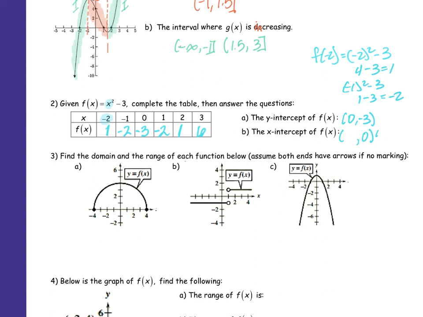For the x-intercept, in my table there's no y equals 0. So what I can do is take my equation, write it up here, and solve for it. This says y equals 0, right? So I can say x squared minus 3 equals 0. Can I solve that? What do I do first?